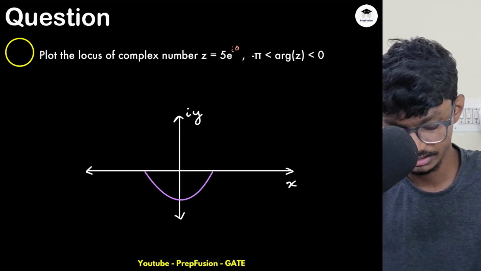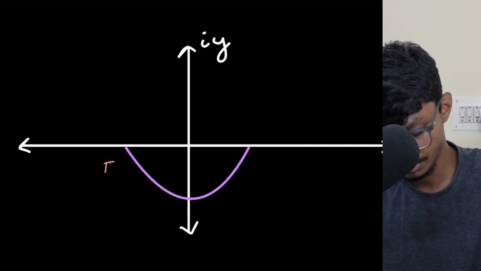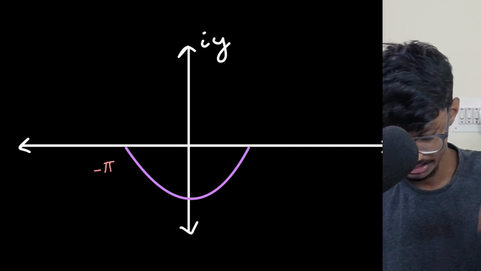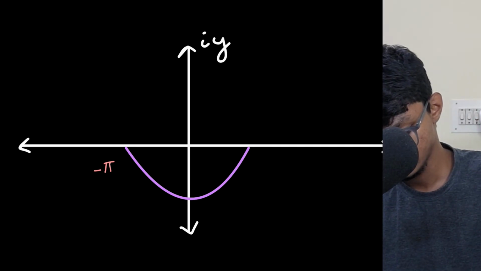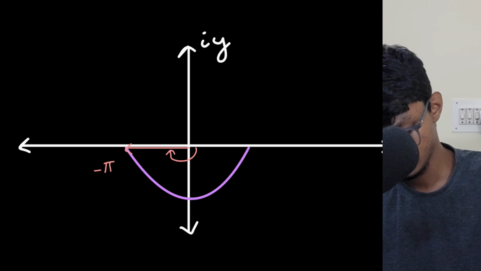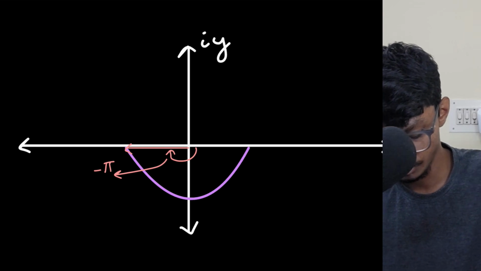And this distance will be 5. This is minus pi. Okay. How shall I explain this minus pi? If I take a pointer over here, this pointer will be simply minus pi. And I'm going from minus pi to 0, so I don't need to take any pointers.